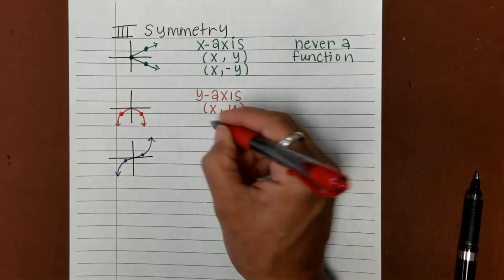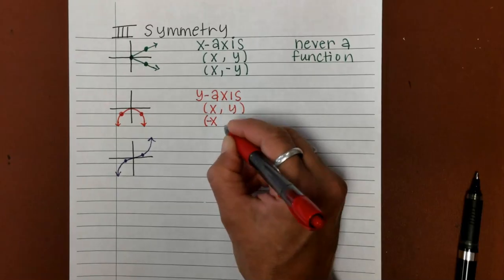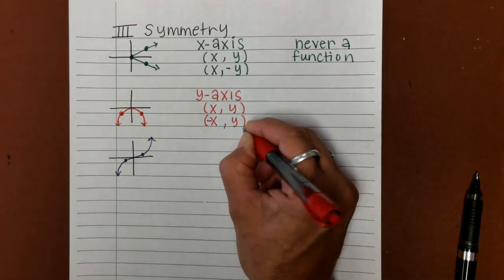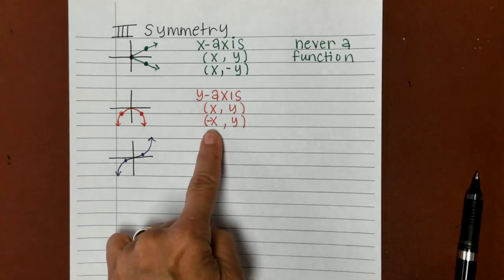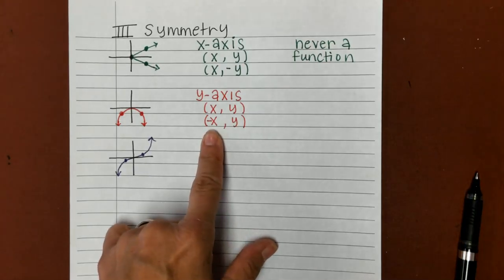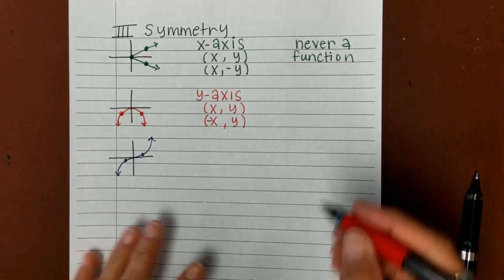However, the opposite input will give you the same output. So this time the y's are repeating, that's fine. The x's are opposite. So when that occurs, it is symmetrical to the y-axis, and it's also a function.